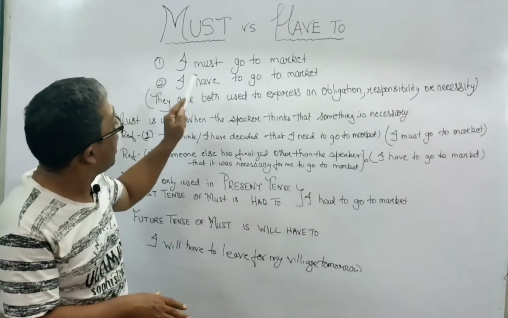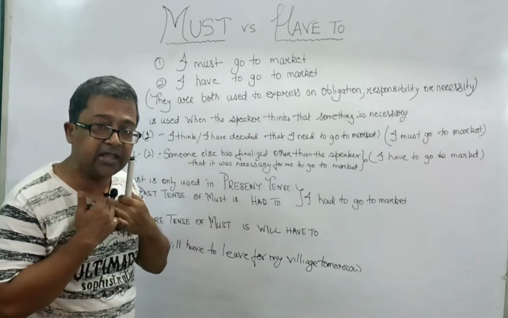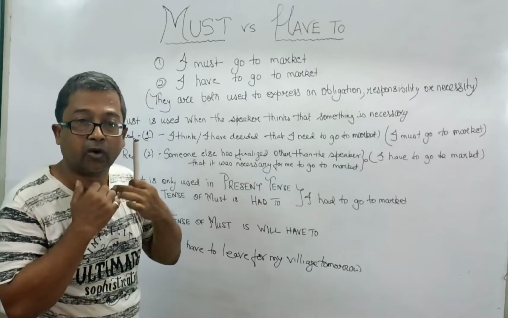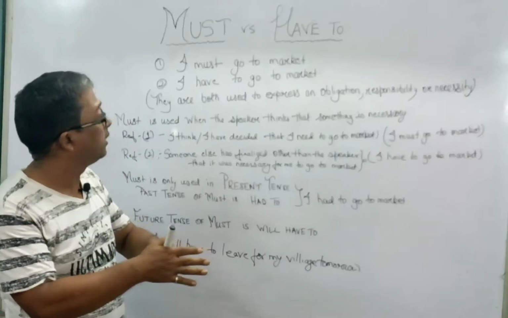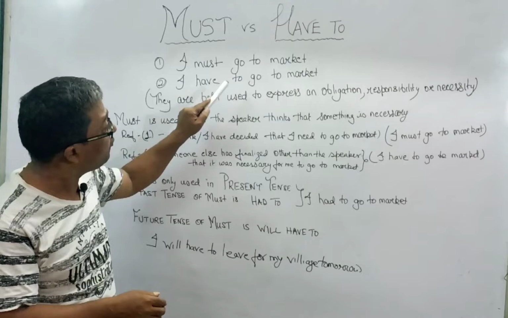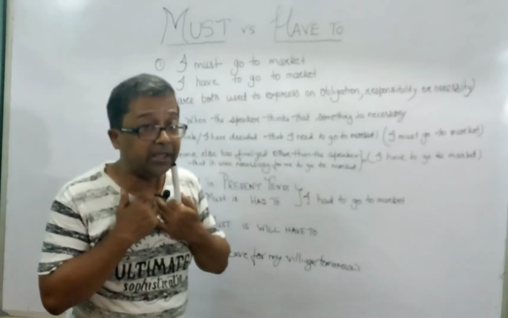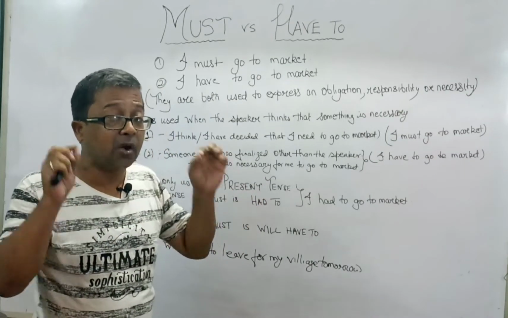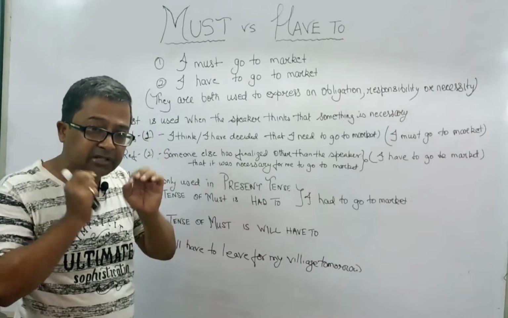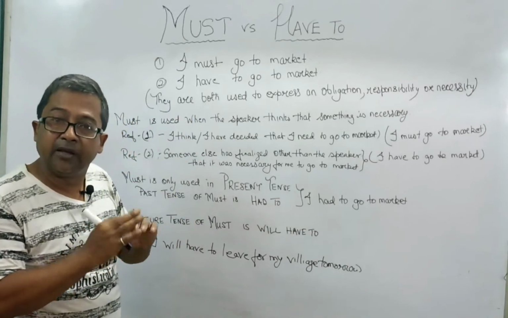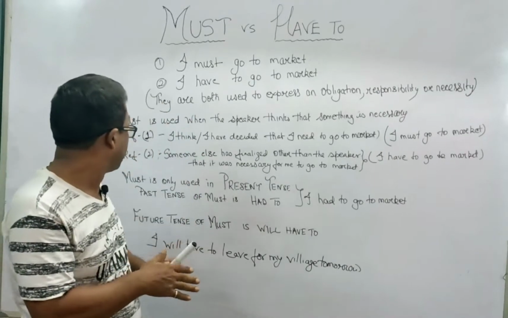So it's clear: I must go to the market, I think it is necessary or it is my obligation. I have to go to market, it is not me. Someone else thought that it was necessary for me to go to market. Is it clear? I think it is.